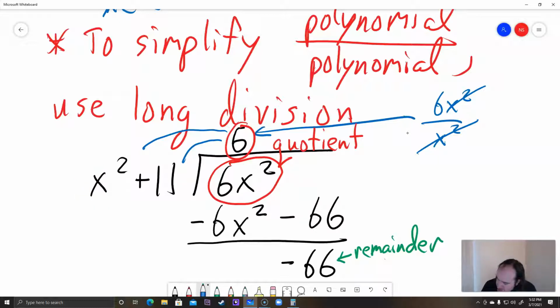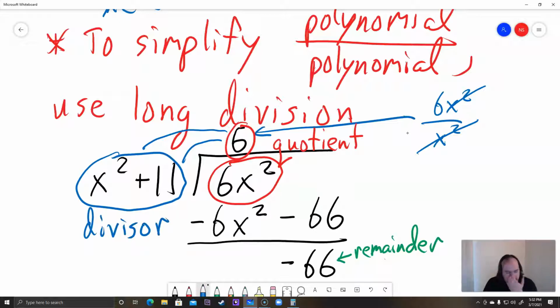That x squared plus 11 is called the divisor. But it's easier to remember them as just capital letters. So I think of the remainder as capital R, the quotient as capital Q, and the divisor as capital D.